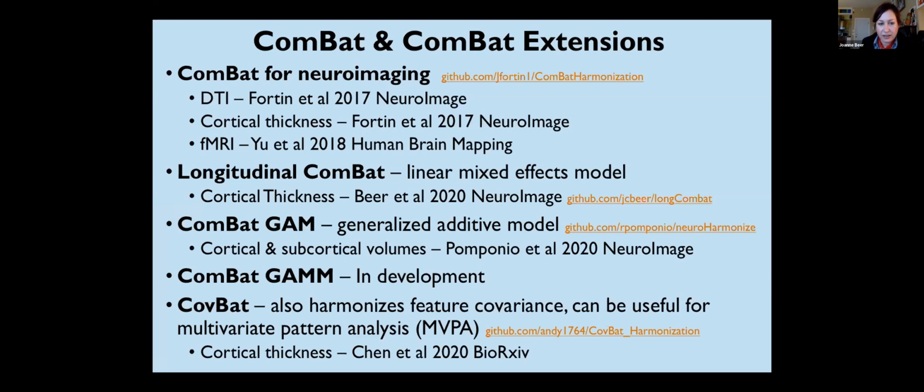So there's been a lot of work adapting ComBat to neuroimaging. J.P. Fortin used to be a postdoc in Pennsylvania, and he did some of the first work translating this to neuroimaging data. I think he had a background in genomics, so he wanted to do this.